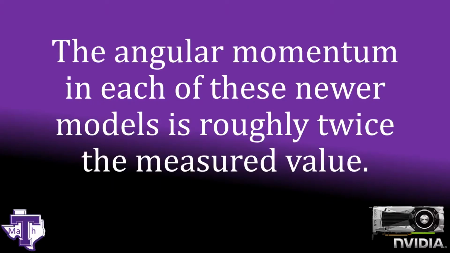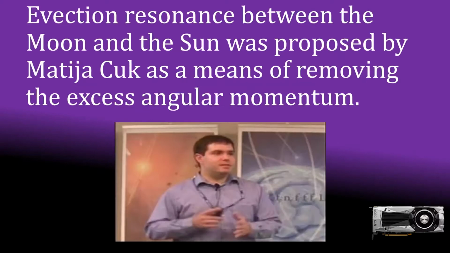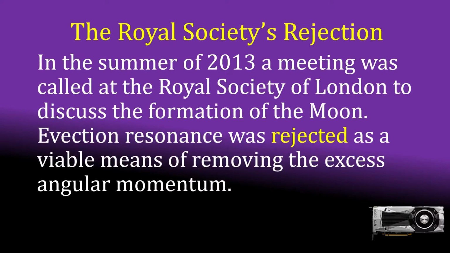Now, another problem that arises from all these simulations, Harvard's, Canup's, and ours, is that they have basically twice as much angular momentum as they should have, and this causes a big problem. So what Harvard suggested is that there's a thing called evection resonance that removes this angular momentum from the Earth-Moon system.